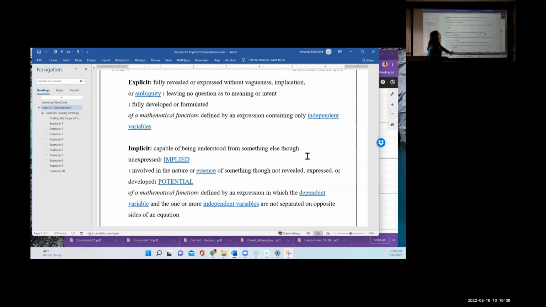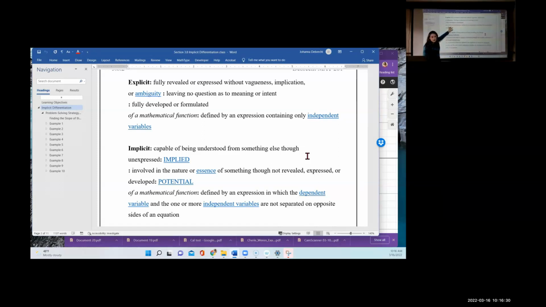These are the definitions for explicit and implicit. And this does have a lot of effect on what we're talking about. Explicit means it's fully revealed. There's no vagueness. There's no implication. It's just right out front, stated directly. There's no ambiguity. It leaves no question as to meaning or intent. It is fully developed or formulated.